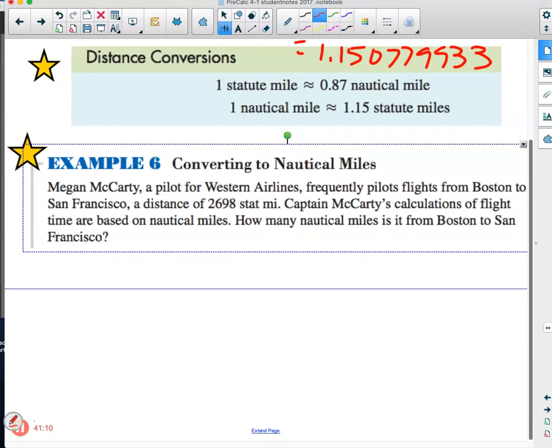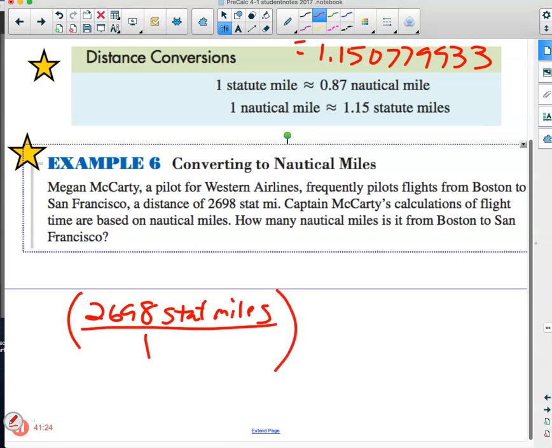Megan McCarty, a pilot for Western Airlines, frequently pilots flights from Boston to San Francisco, a distance of 2,698 stat miles. Captain McCarty's calculations of flight time are based on nautical miles. How many nautical miles is it from Boston to San Francisco?